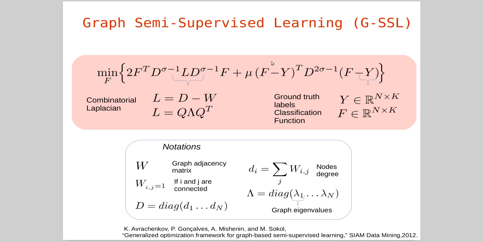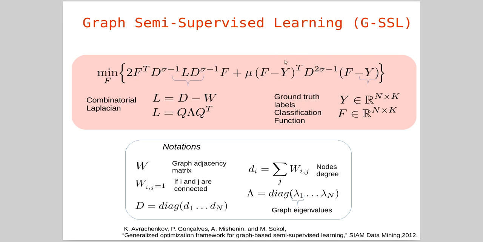One is your classification function. It is just a matrix with n rows, because you have n points, and k columns, because you have k classes. And the other term, y, are the ground truth labels. So it's a matrix in which I encode the pre-existing information.